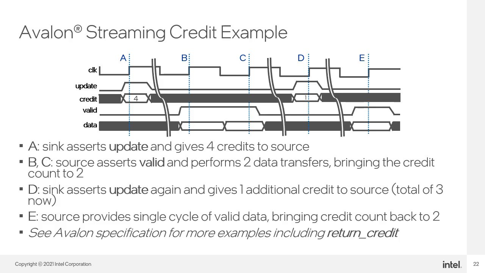Again, after some time, at cycle D, the sink provides 1 more credit to the source, which is used for 1 more transfer at cycle E. The source finishes this example with 2 credits remaining. See the Avalon specification for additional examples and details on streaming credit interfaces, including an example of the return credit signal.